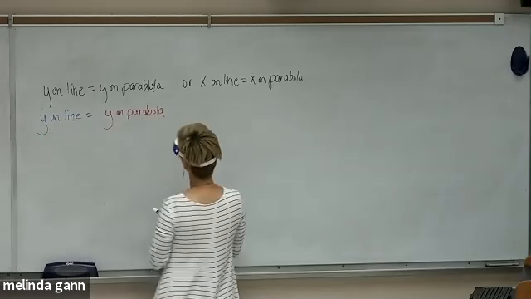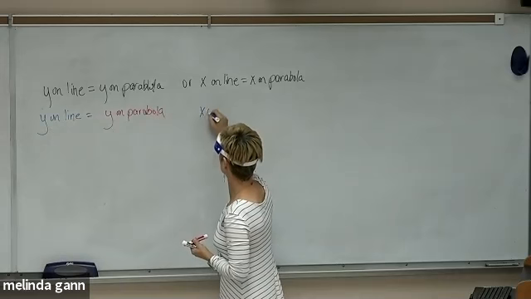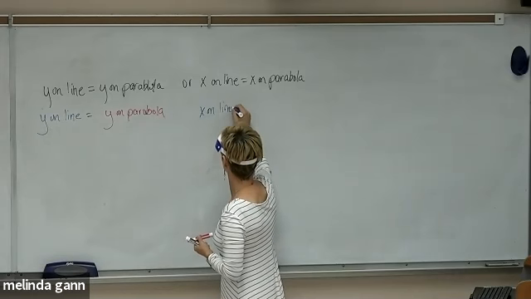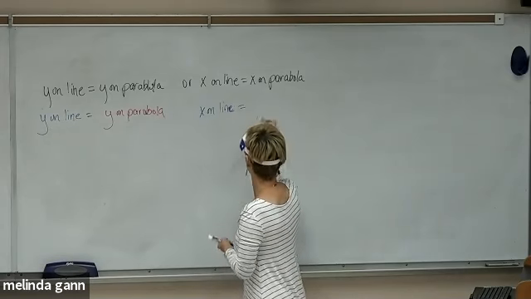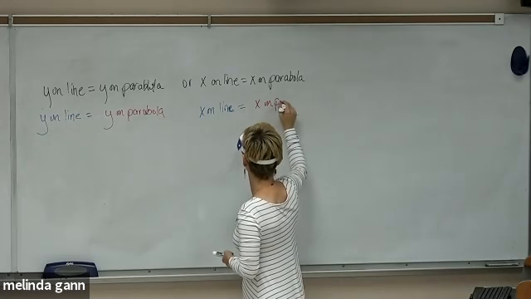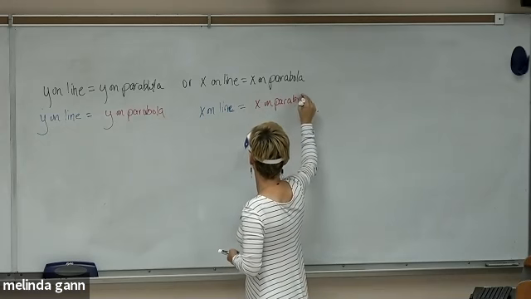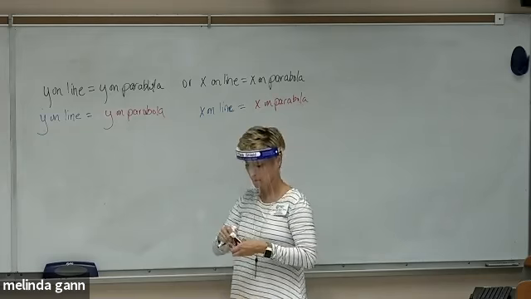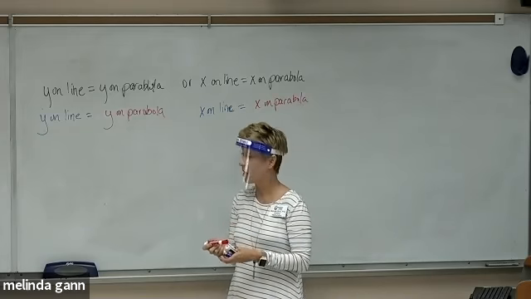Or the x on the line is going to be the same thing as the x on the parabola. Now, one of those is easier to solve than the other one.